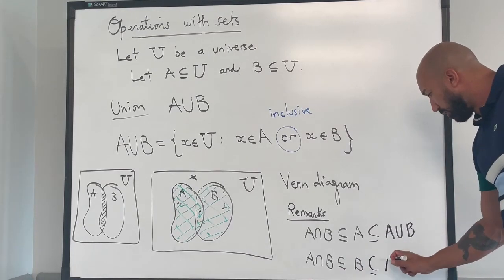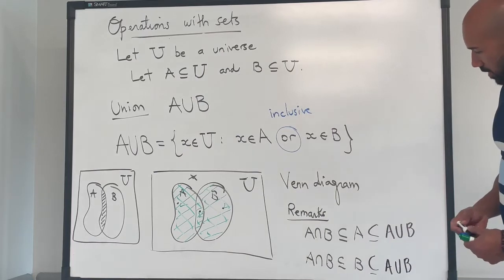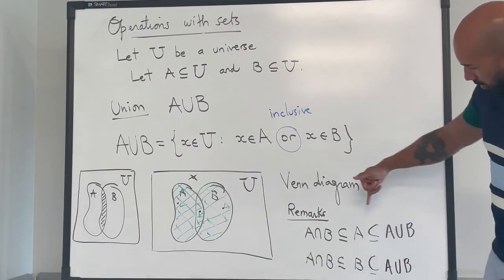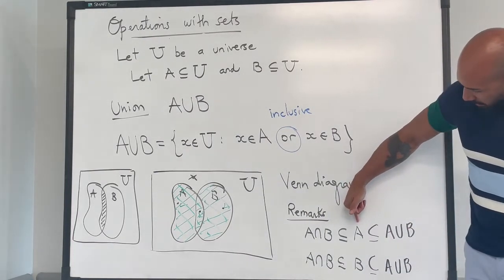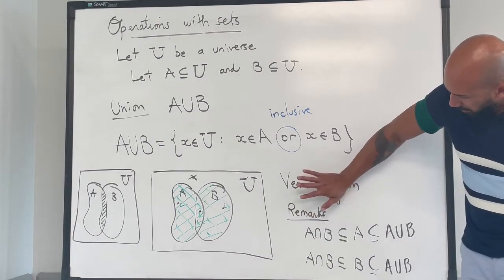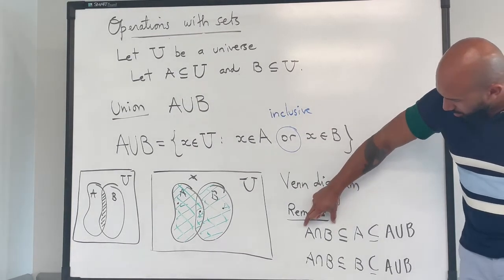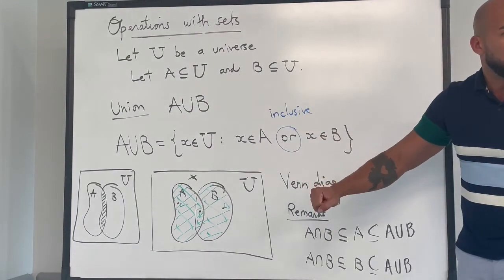Obviously, this is also valid for B. So if we take A and intersect with B, either the intersection is equal to A or it is smaller.